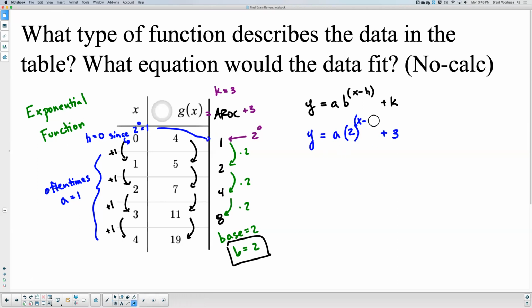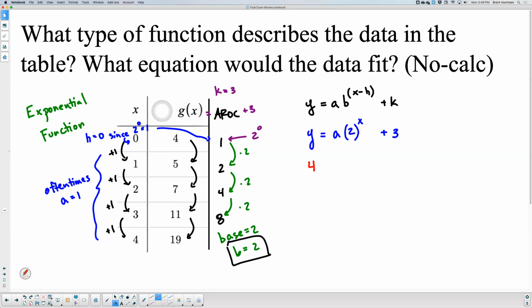So let me come back one more time. It's just going to be 2 to the power of x, plus 3. Because 2 to the power of 0, which is the x, we didn't have to change the x, gave us this 1, which is what we needed. Continuing on, I've got to plug in 2 points. I'm going to use 0 and 4 here.